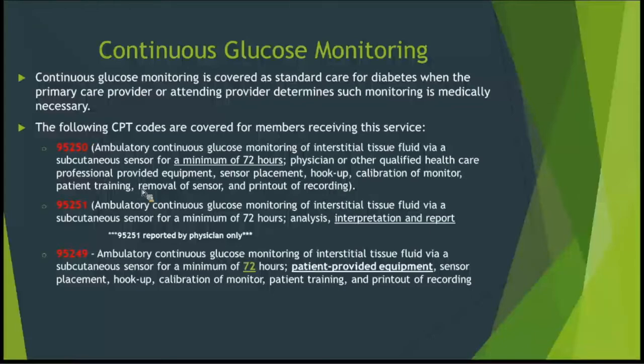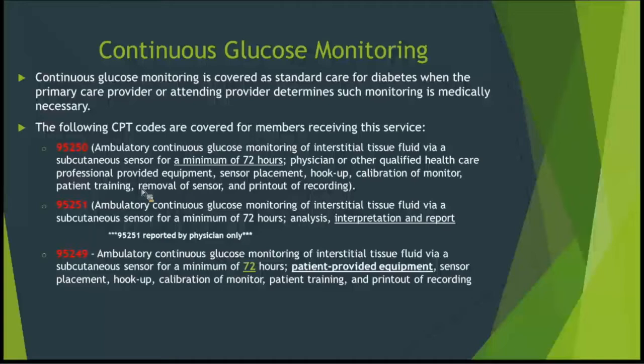The hospital, because we are billing the technical portion of it, so if you notice what it says there, provide equipment, sensor placement, hookup, calibration of monitor, patient training, removal of sensor, and printout of recording, that's actually reported on the technical claim. The physician should be doing the interpretation. Because there's a tech or someone who's doing all this hookup and stuff. It's not the physician per se that's sitting, oh, I'm going to put this sensor, I'm going to put this. No, right? So that's what happens.